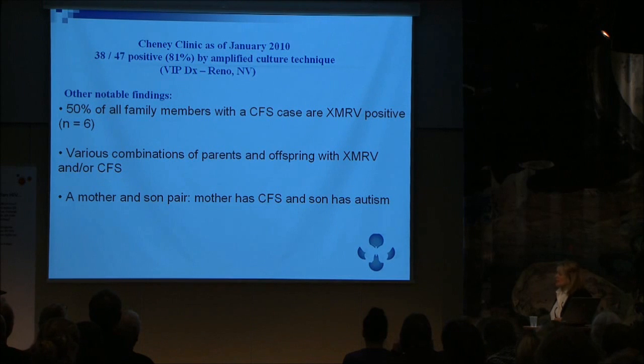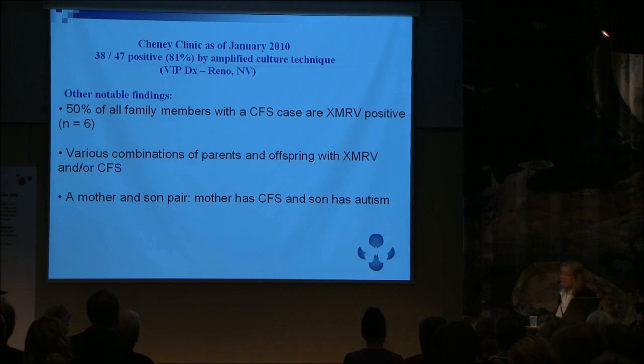Other notable findings that I show here is 50% of all family members, not a large number, only 6 at that time, with a CFS case were XMRV positive. And importantly, various combinations of parents and offspring with XMRV had XMRV and/or CFS.